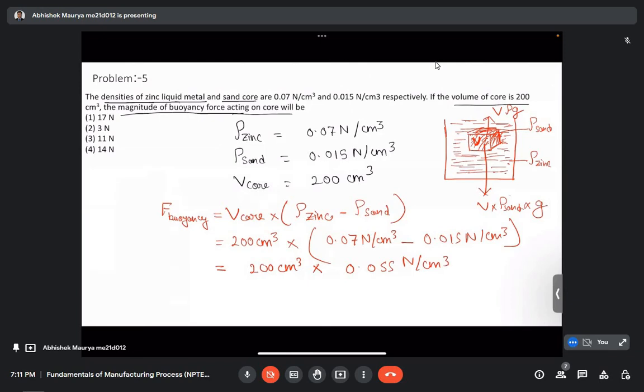Now if we solve it, we will get 11 Newtons. So the force of buoyancy on the core will be 11 Newton. So the third one is the correct option.